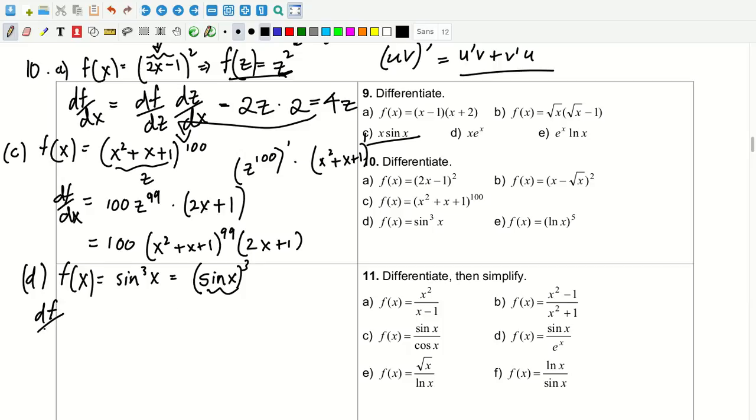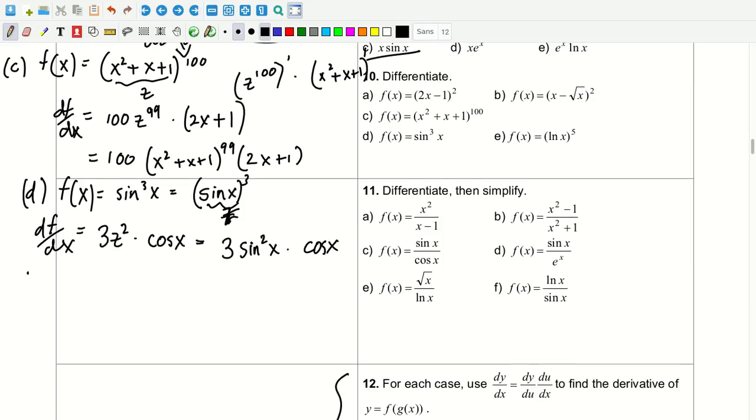So df/dx is going to be the derivative of z cubed, right? I don't know why I'm off right now. z cubed, which is 3z squared, times the derivative of sine x, which is cos x. Now z is sine x, so I just punch that back in, and I get 3 sine squared x times cos x. That's multiplication.